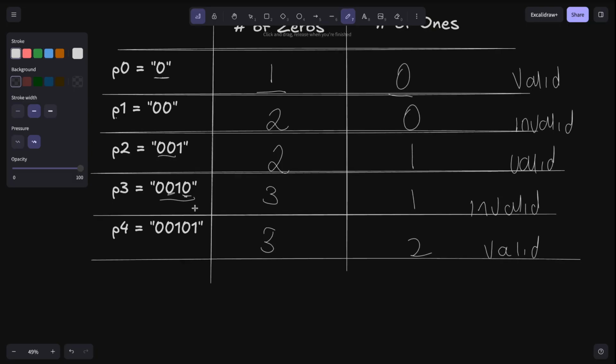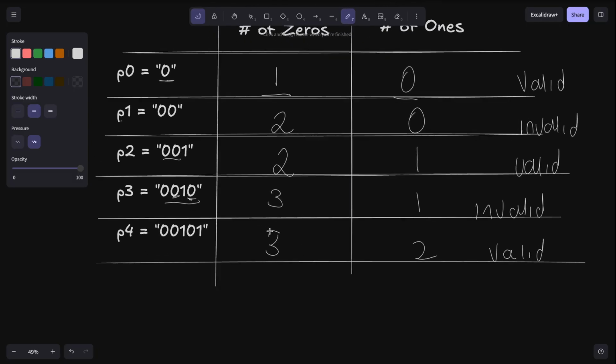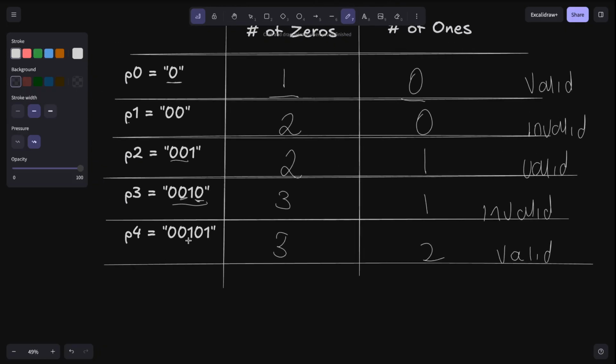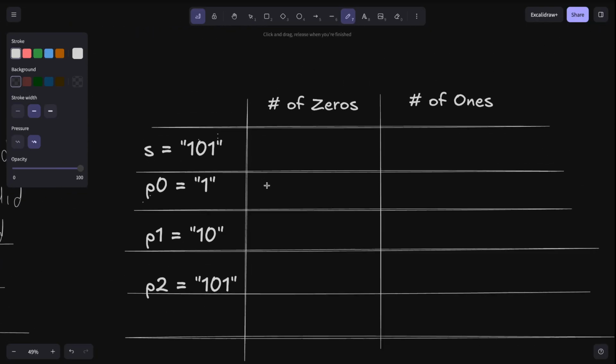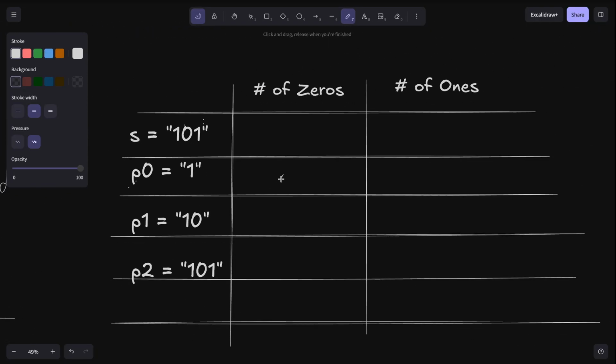So this was invalid. And then when we had 3 zeros and 2 ones, it followed that we could place the 1 in between the 2 zeros here, and we could place the 1 in between the 2 zeros that would form here, and we would get a valid sequence. Similarly, we can do the same here. There are 0 zeros here, but there's 1 one.